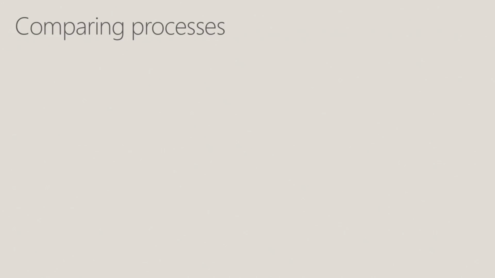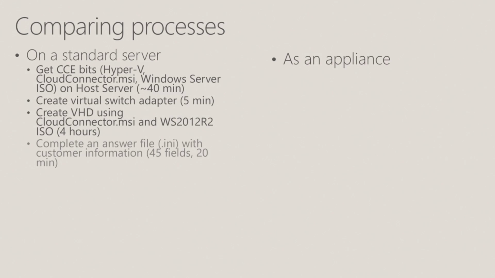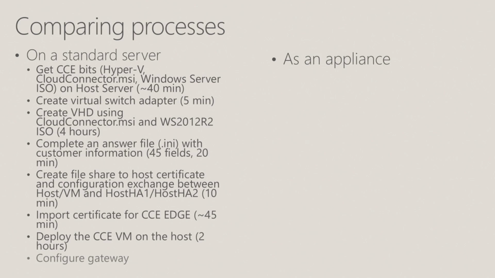Let us compare the processes, okay? Now, I'm slightly biased because I've been fiddling around with the software version and I wasn't quite impressed with how things are working. So if you're not a savvy Windows Server admin, you have a list of things that you have to do. You have to download the bits. You have to create the switch adapter. You have to convert the software you download to VHDs.